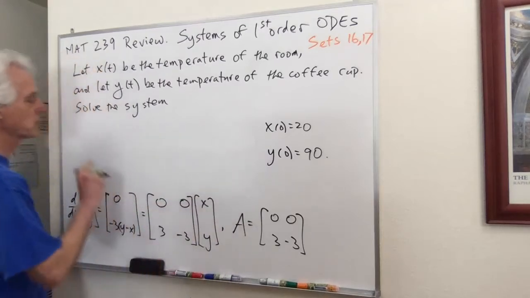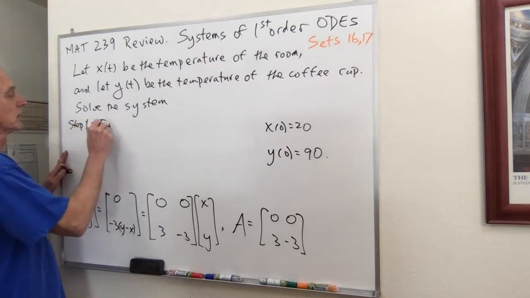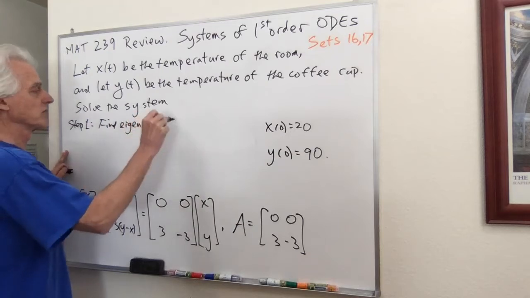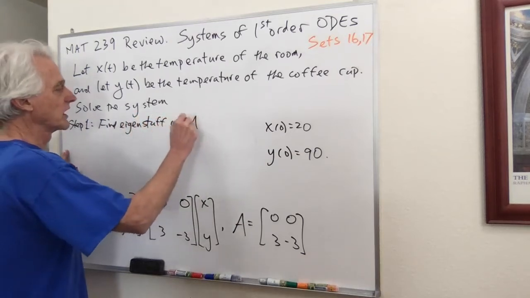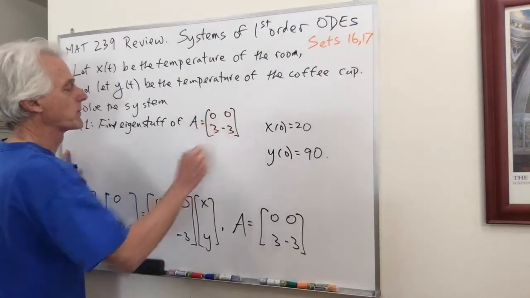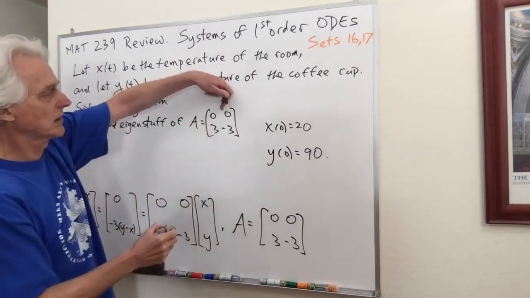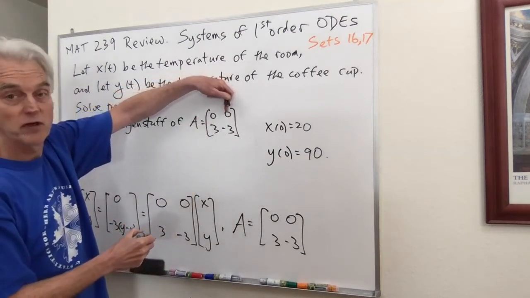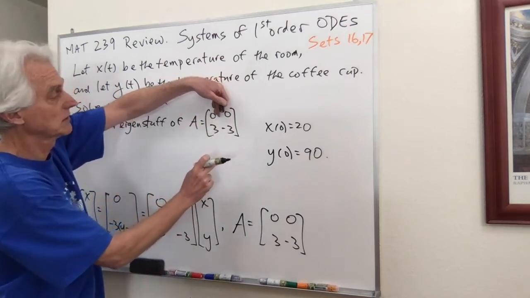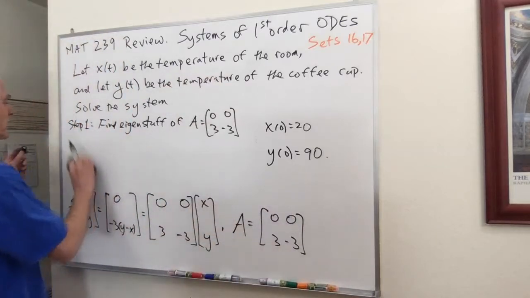So, step 1, find the eigenstuff, eigenvalues and eigenvectors of A, which is 0, 0, 3, negative 3. By the way, since this element is 0 above the diagonal, the eigenvalues are the diagonal entries. Let's just show that to you.